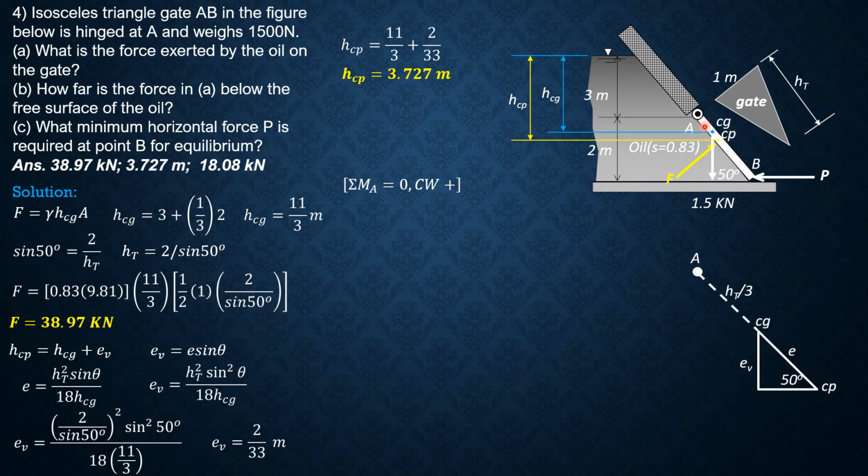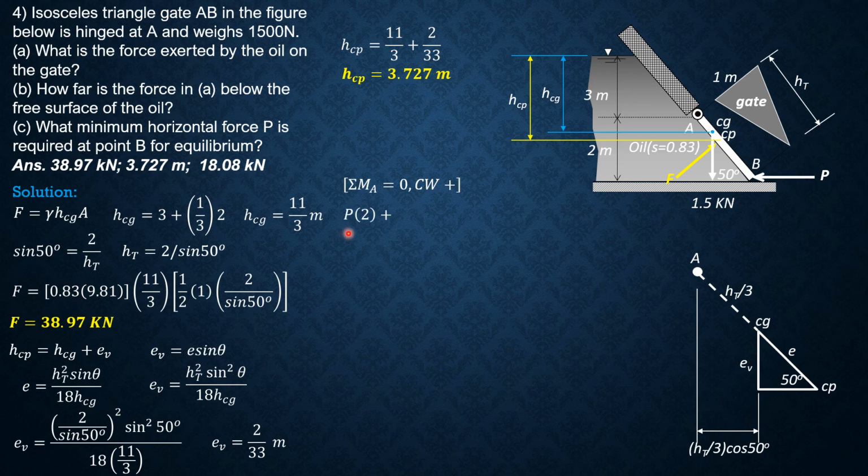Then we have the weight here, which acts through the CG. And this is H sub T over 3. Therefore, this horizontal distance or moment arm of the weight is equal to H sub T over 3 times cosine of 50. That distance there. Then the moment arm of F is simply E plus H sub T over 3.